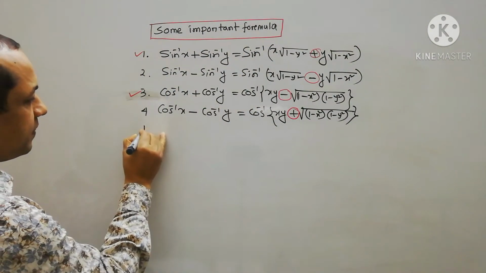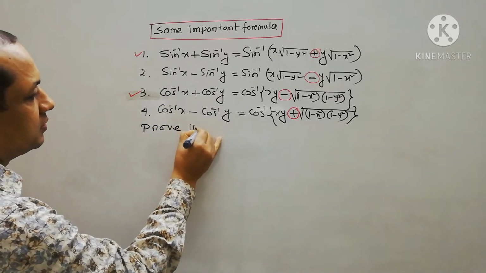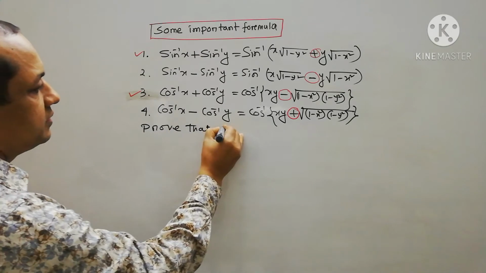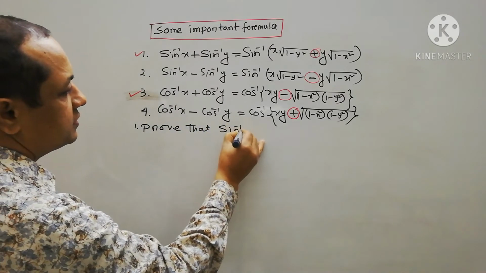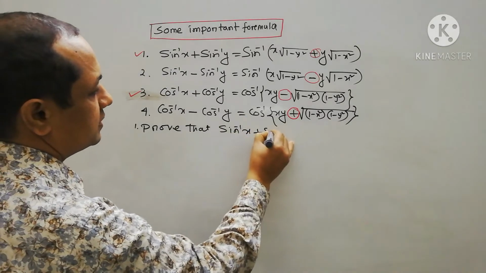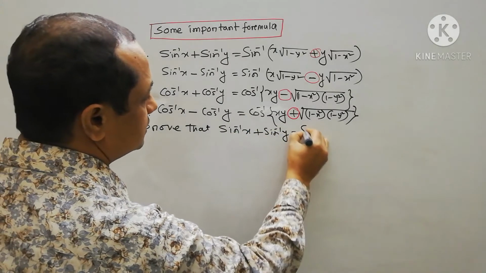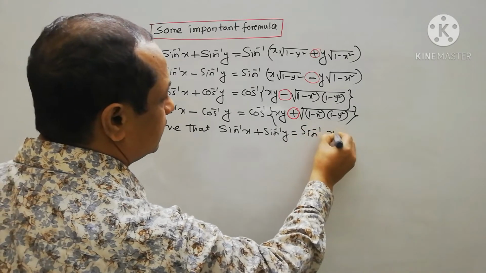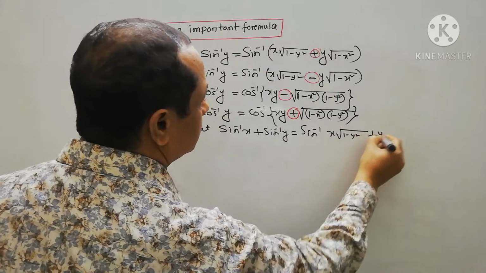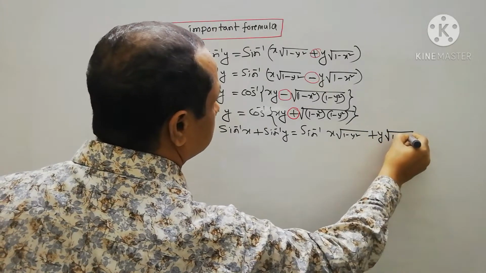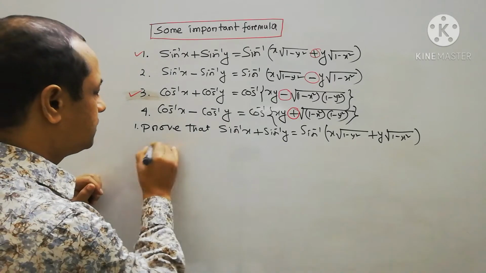Prove that sin inverse x plus sin inverse y equals sin inverse of x root over 1 minus y square plus y root over 1 minus x square. Now students, the proof.